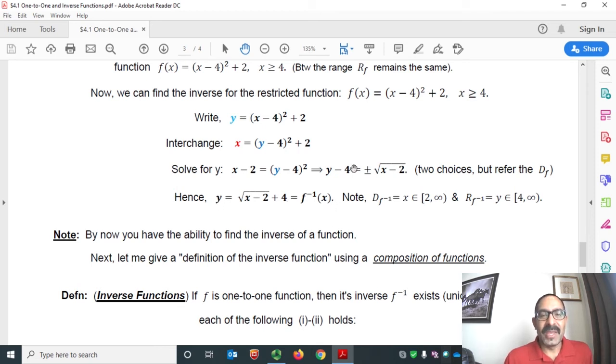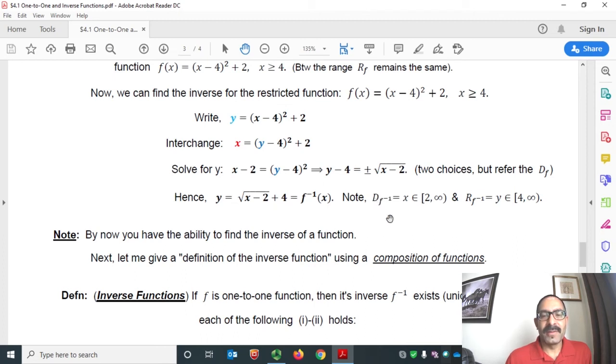So our inverse of this restricted function, by the way, this restricted function is one-to-one. Hence, the inverse of this restricted function is f inverse x equals the radical of x minus 2, then outside plus 4.